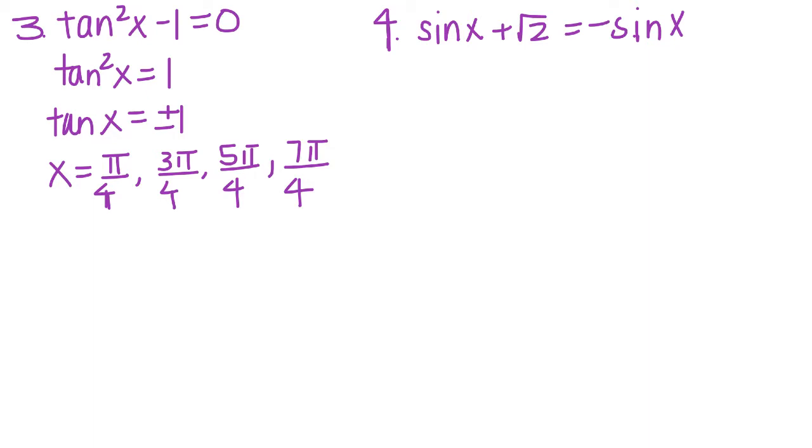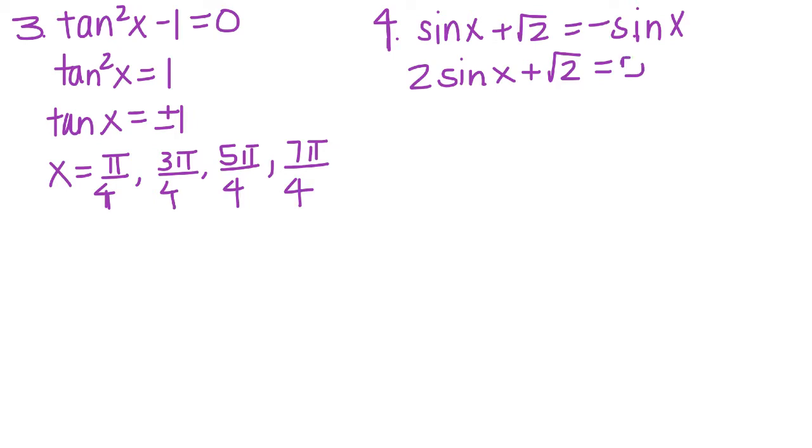We can make that equal to 0. We can add sine x over to the other side, can't we? So let's add that sine x over. Sine x plus sine x. So how many sine x's do we have? 2. So we have 2 sine x plus the square root of 2. What's left over on the other side? 0.